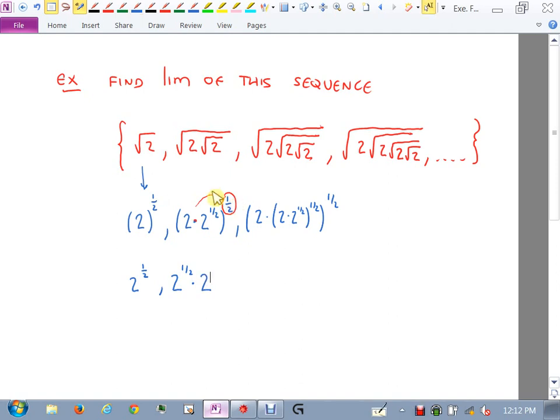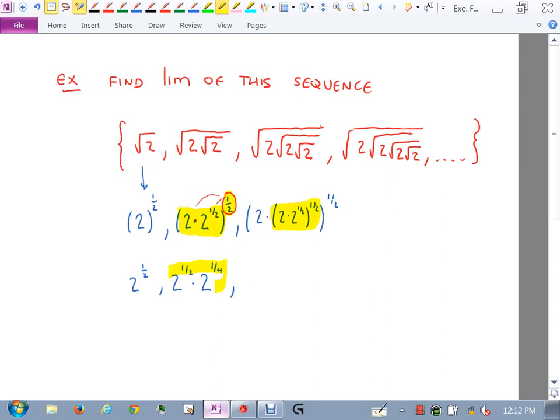What happens when I do this and this? You multiply the powers. So 1/4. Okay. So this piece right here, this whole thing is actually this piece right here, isn't it? Like that is the same as this.